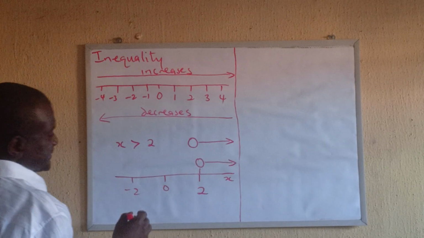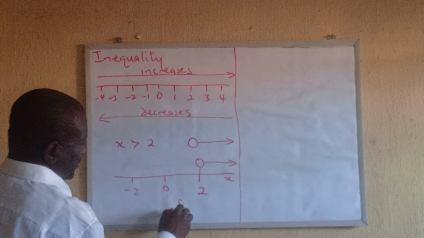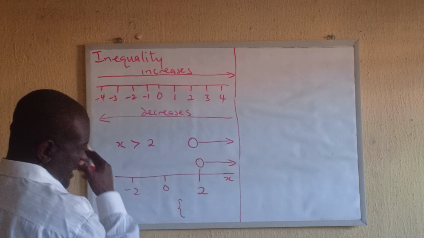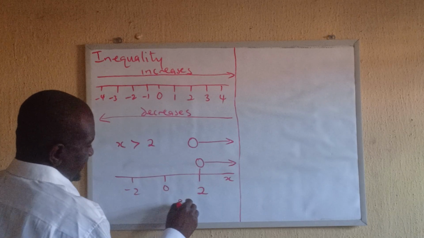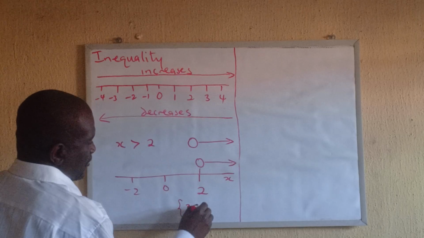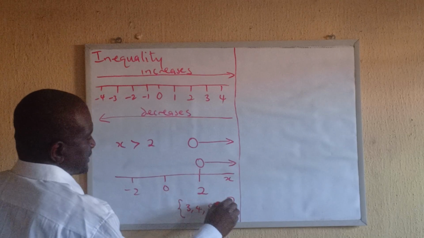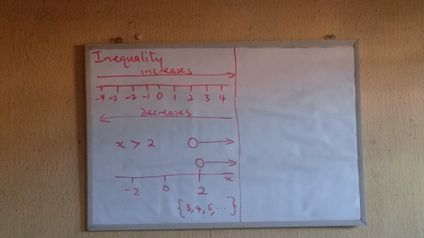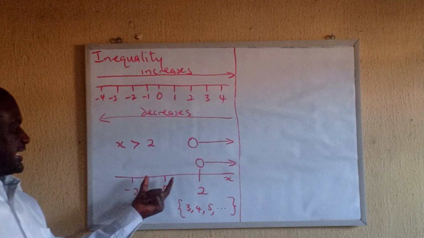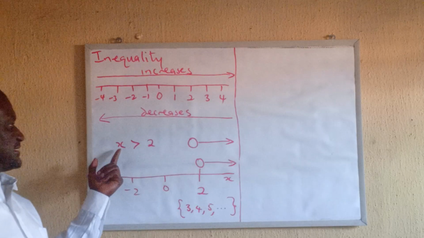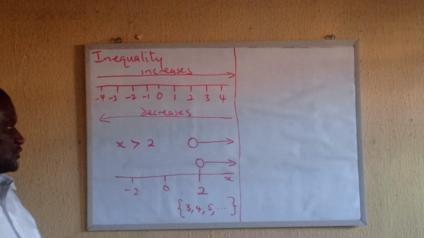So we can imagine that the set of these numbers, 2 will not be inside. If you're taking whole numbers, it will be 3, 4, 5, dot dot, showing that the numbers continue. So this is the sketch of the graph of this inequality, x greater than 2.